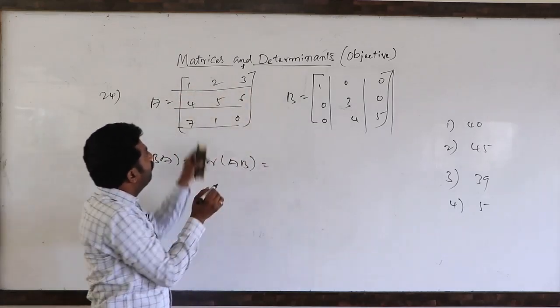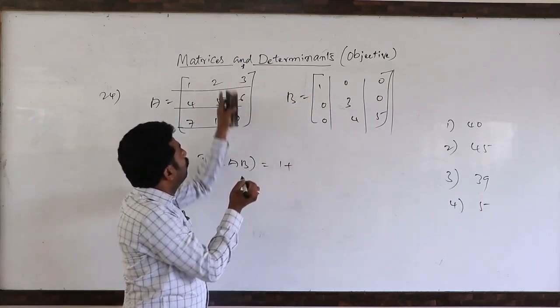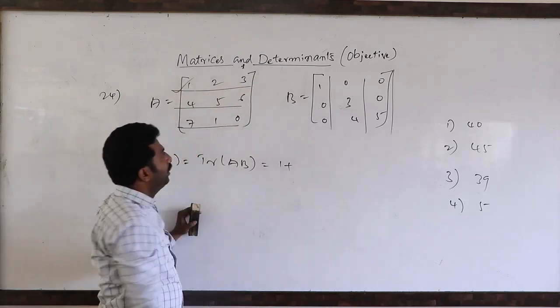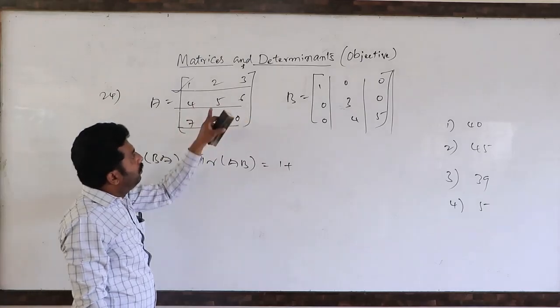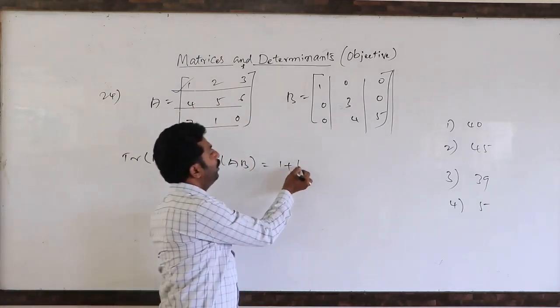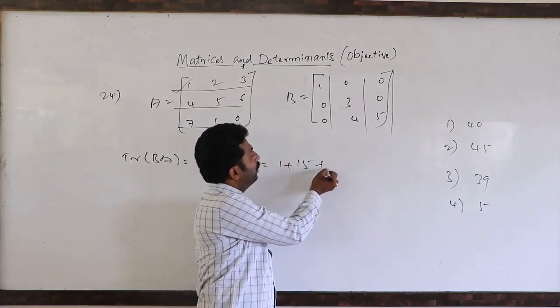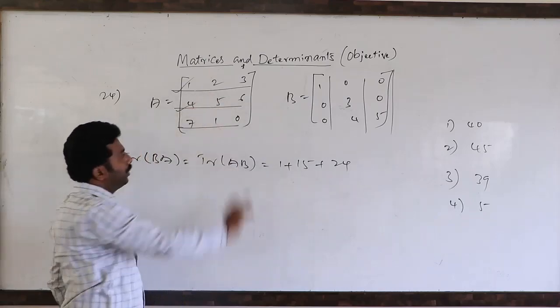First row, first column: 1 into 1, 2 into 0, 3 into 0, so the first one is over. Second row, second column: 4 into 0, 5 into 3, 15, 6 into 4, that is 24. Second row is over.